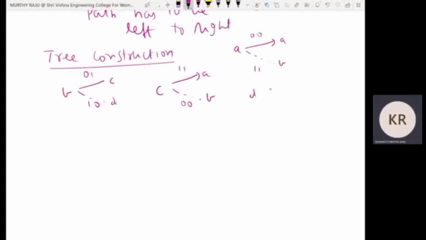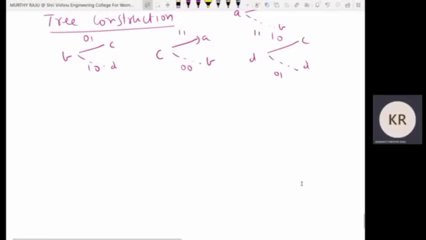Next, D to C with 1 0, D to D with 0 1. By using these signal flow diagrams, now we'll construct a tree diagram here. The starting state is A.